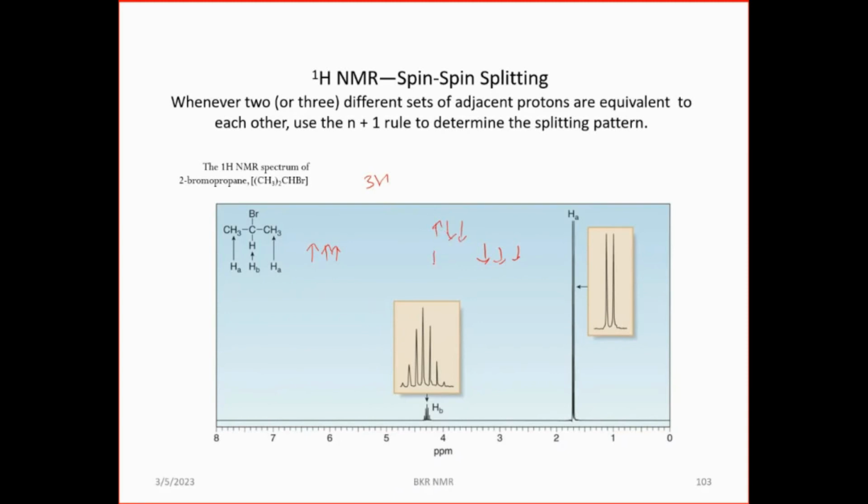So I can have 3 probabilities for this. What is the intensity of a quartet? I have 3 neighbor hydrogens, so I'll be split as n+1, a quartet.